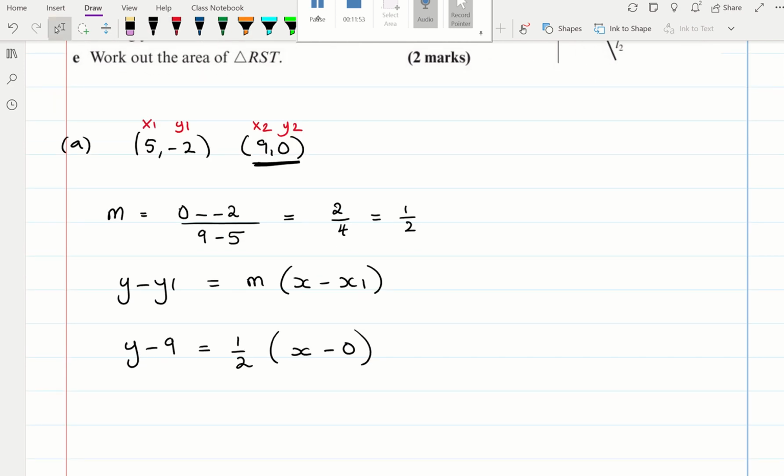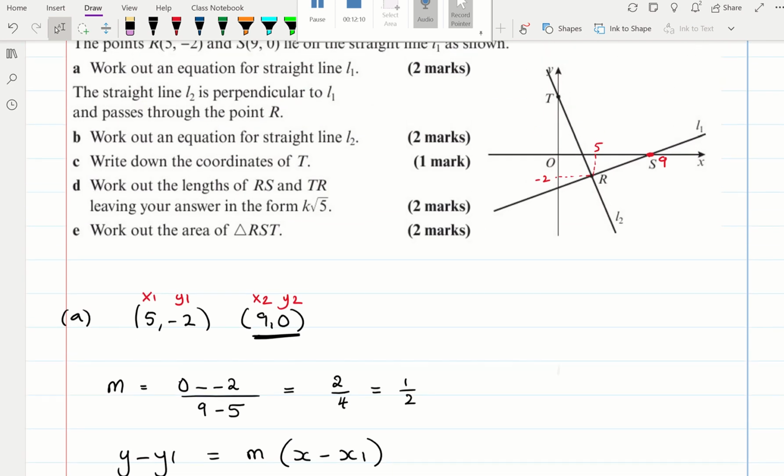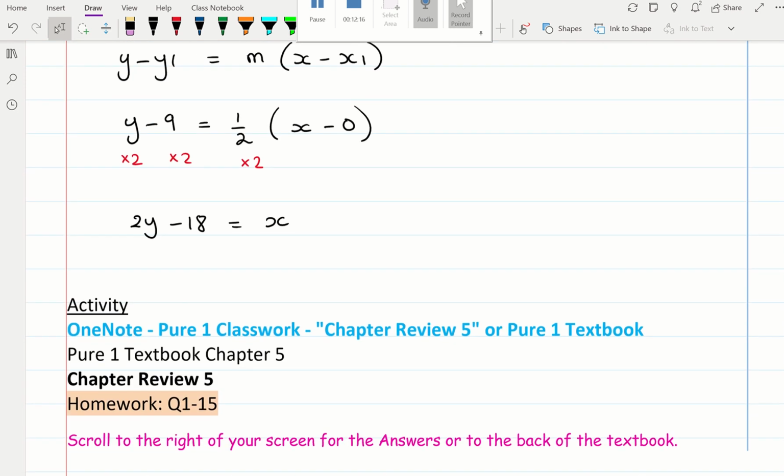And if I multiply everything by 2, I get 2y minus 18 equals 1x rather than a half x. And it didn't give me a specific way of giving the equation, so I'm going to leave it like that.